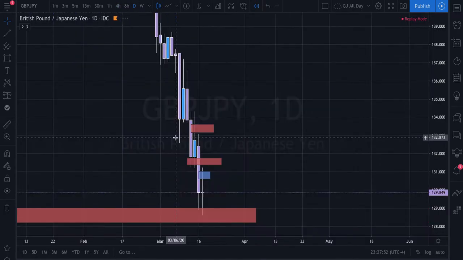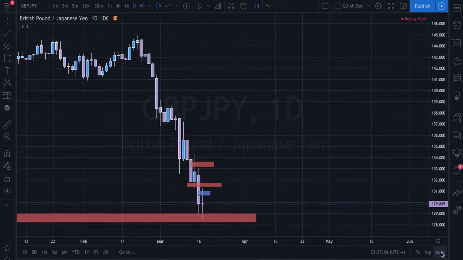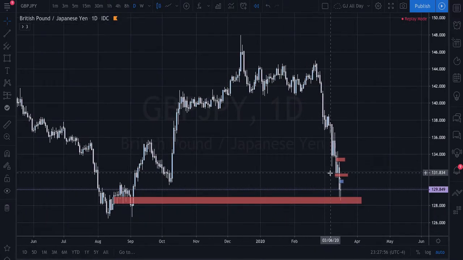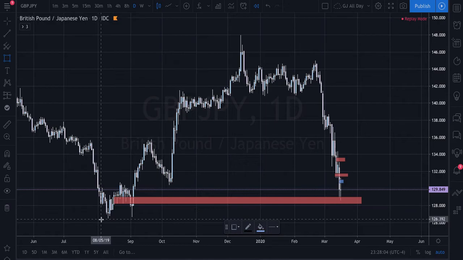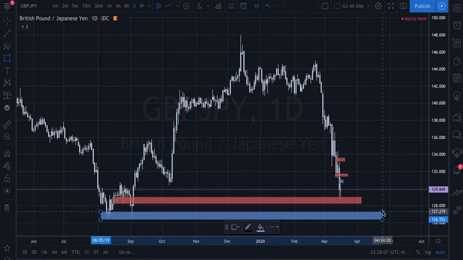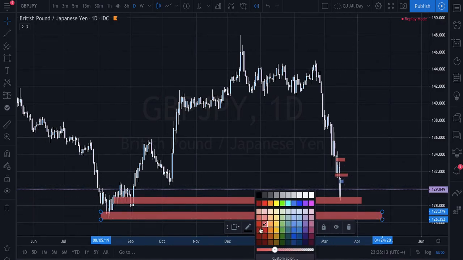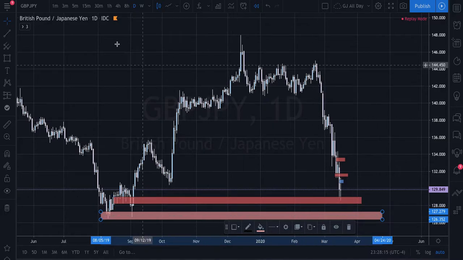Let's see what we're looking at. Yeah, so we still have that range to go. And then we'll have another one right here, just like that.